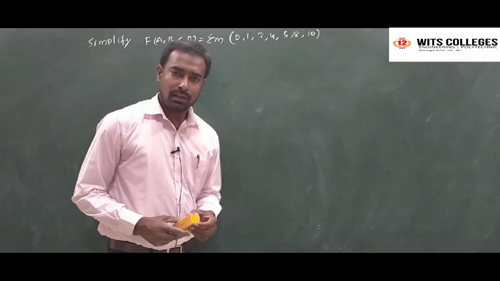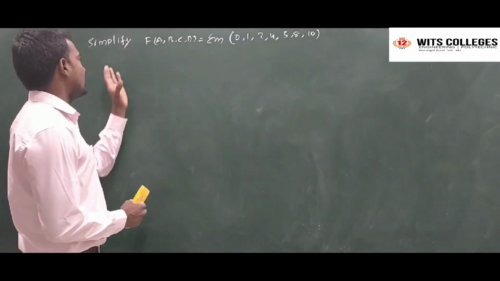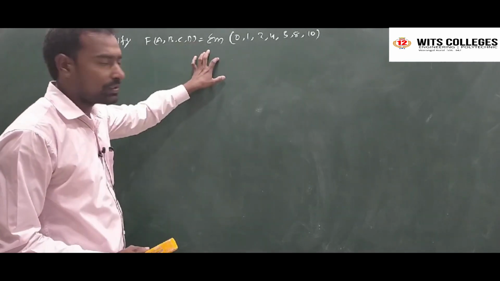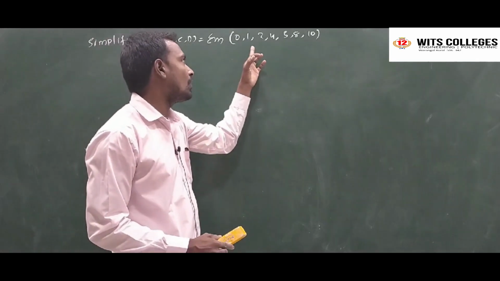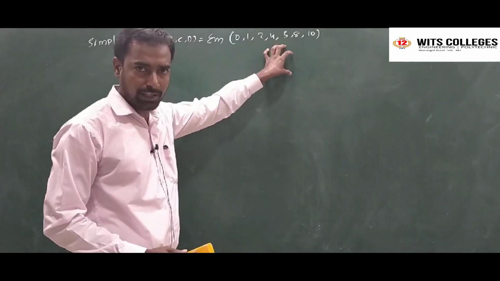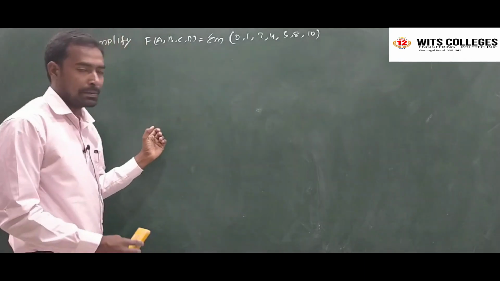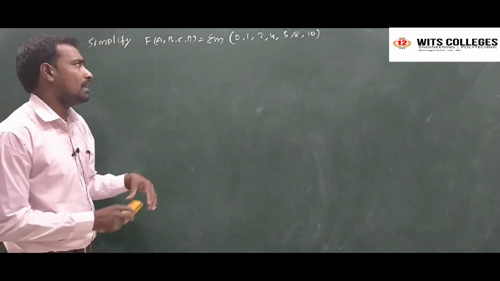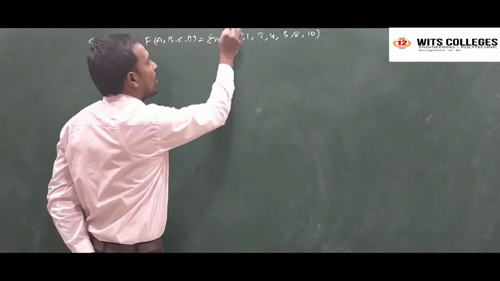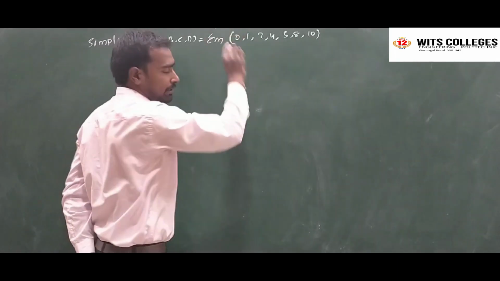Okay, coming to the simple problem, that is simplify f of a comma b comma c comma d is equal to summation m of 0 1 2 4 5 8 and 10. So these all are the given variables and we have to simplify by using the K map. See here the summation m indicates this is in the form of sum of products.